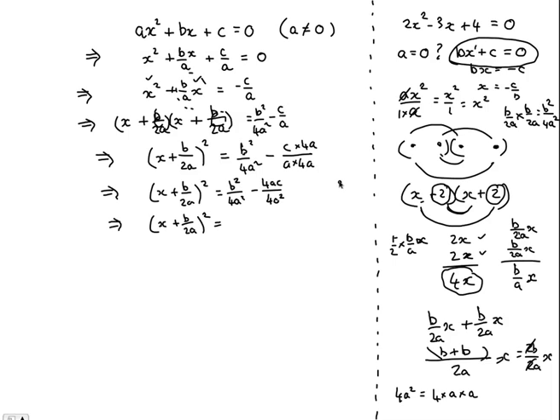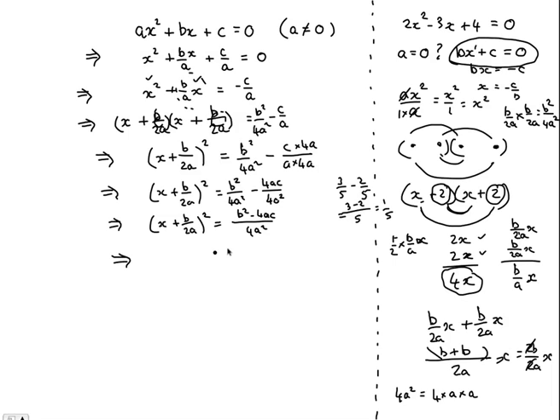It's similar to writing 3/5 minus 2/5. You say, how many fifths have I got? 3 of them minus 2 of them. So I would have 1/5. So how many of these do I have? I've got b squared minus 4ac of them. b squared minus 4ac.